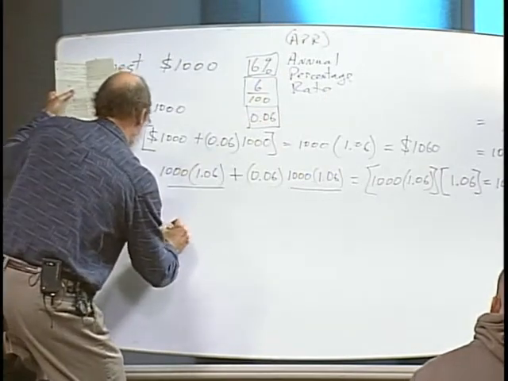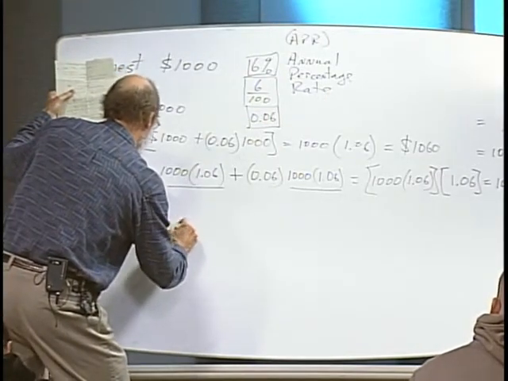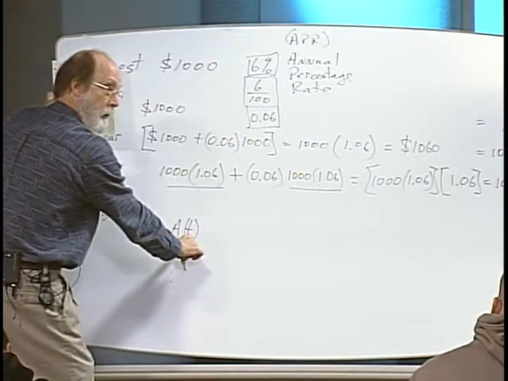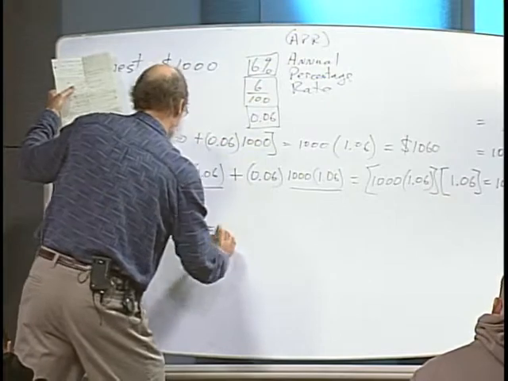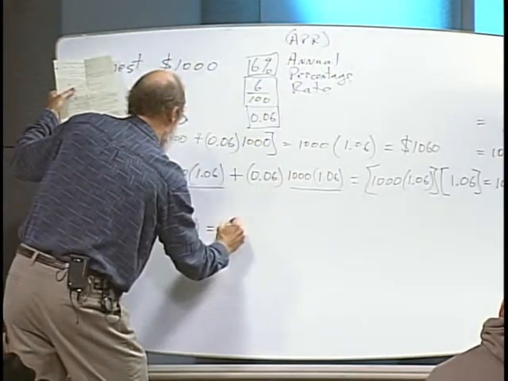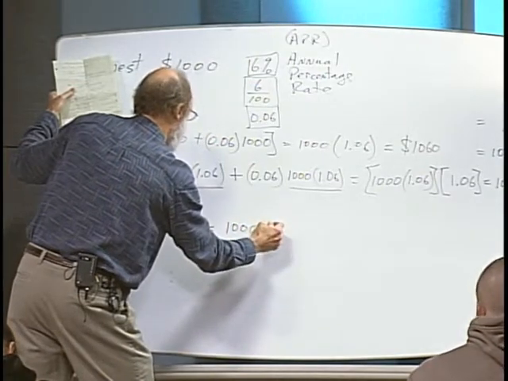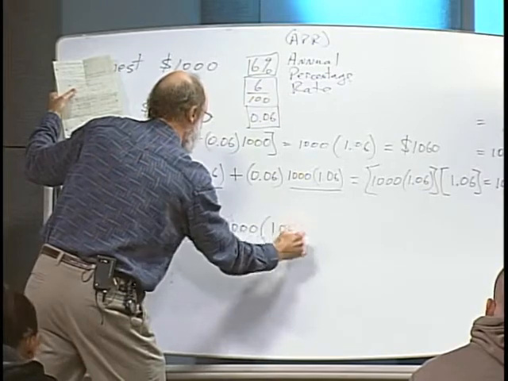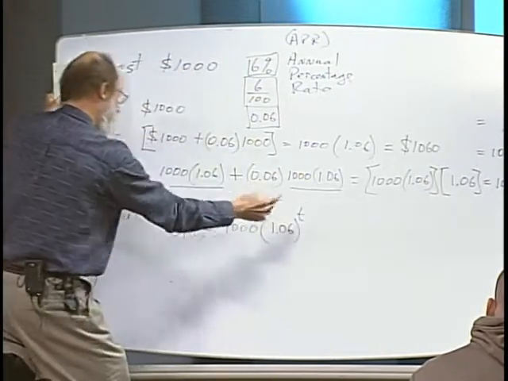In t years, then, we're going to end up with a certain amount, as a function of time in years, that is going to be equal to, in this model, $1,000 invested times 1.06 raised to the t, that being the number of years.